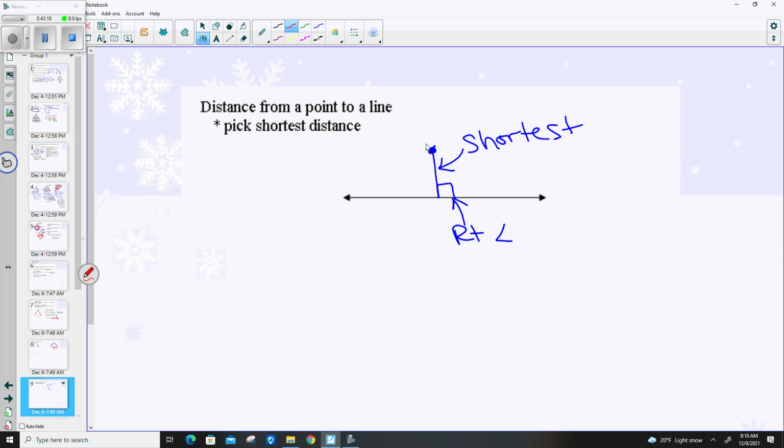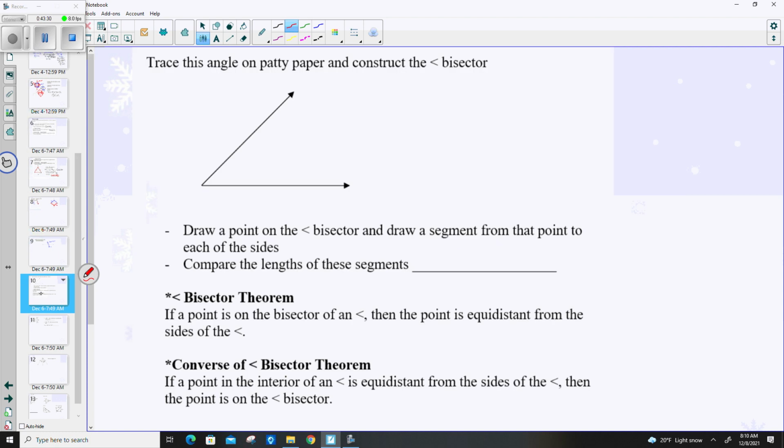And you're probably asking, why is this anything? Why are we doing this? That's because on the next side, we're going to do a little tracing again. So if you flip over to the next side, you're going to take that patty paper, and in the chunk that you didn't draw on, so the bottom right-hand corner, you're going to trace the angle at the top of your paper.